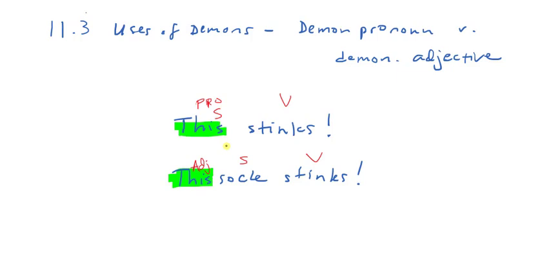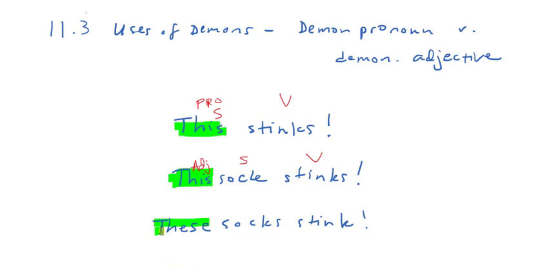If I wanted to say socks and use the demonstrative, which form of the demonstrative adjective, what's that? Stink. Which form of the demonstrative would I have to use here? Would I say this sock stinks? No. I would say these socks stink.